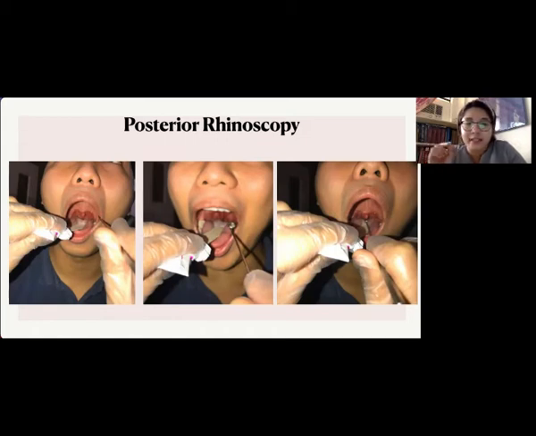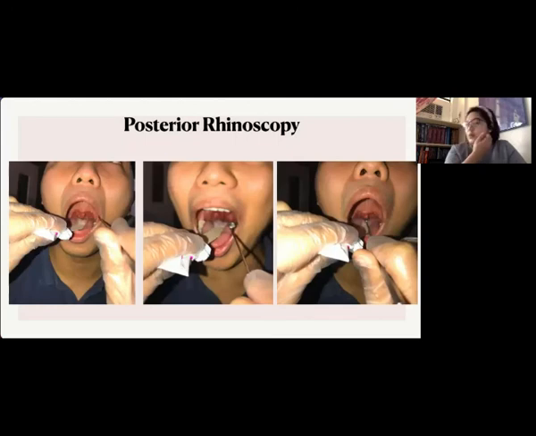Then, holding it like a pencil, you slide it inside, and as you reach the oropharyngeal area, you swipe it from right to left to examine and visualize the nasopharynx. It is important that you have proper positioning of your headlight at this time. You have to direct it towards the mirror. It is okay if it is very difficult for you to perform this, as it's actually quite a difficult procedure. But as you practice more often, it will become easier.